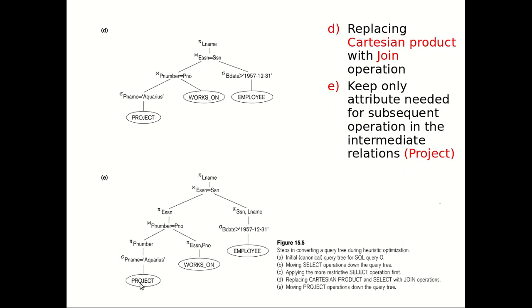The final expression, you can say, is this: on this project relation you apply sigma and a pi operation there, and here also on works-on a pi of ESSN and P number is applied, and these are joined together, and finally from this subtree also joined together, and finally you get the optimal expression or tree corresponding to the initial SQL query.